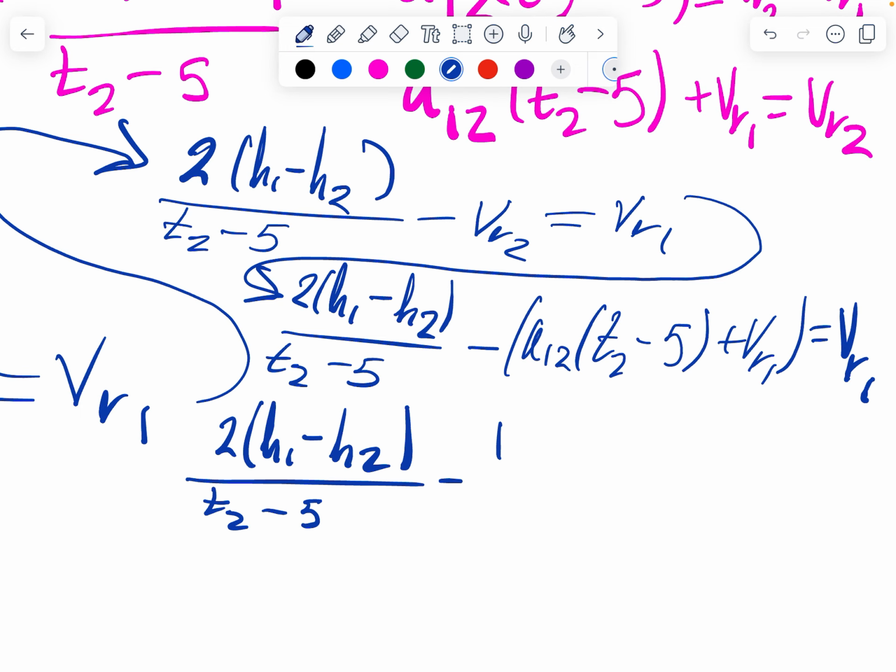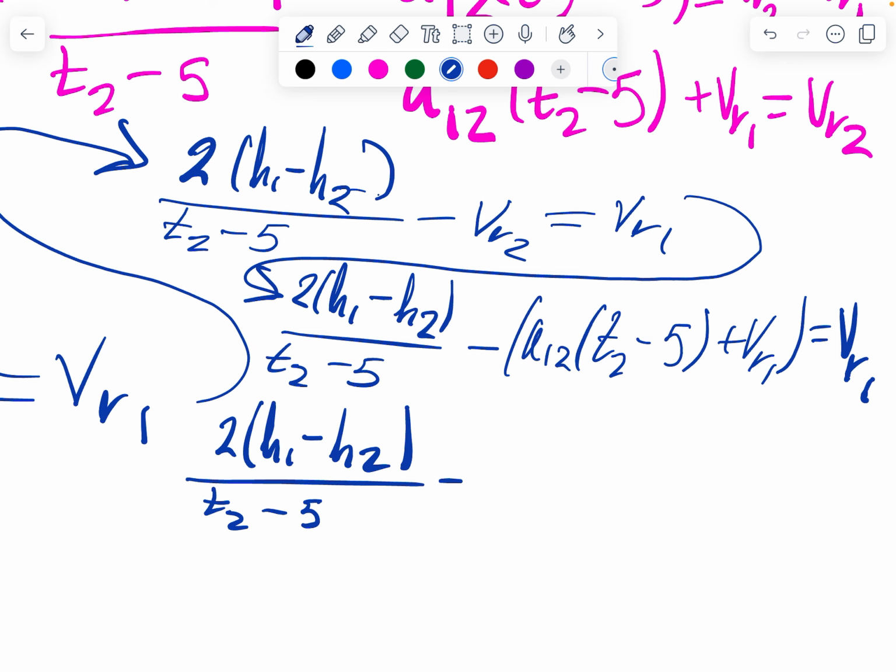Wait, why 1? Why would I write 1? It's definitely not 1. Let me think for a sec. We're simplifying. Sorry about that.